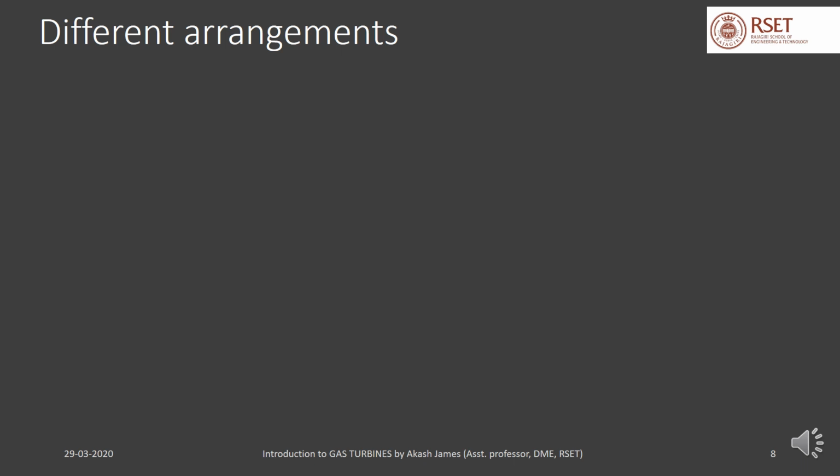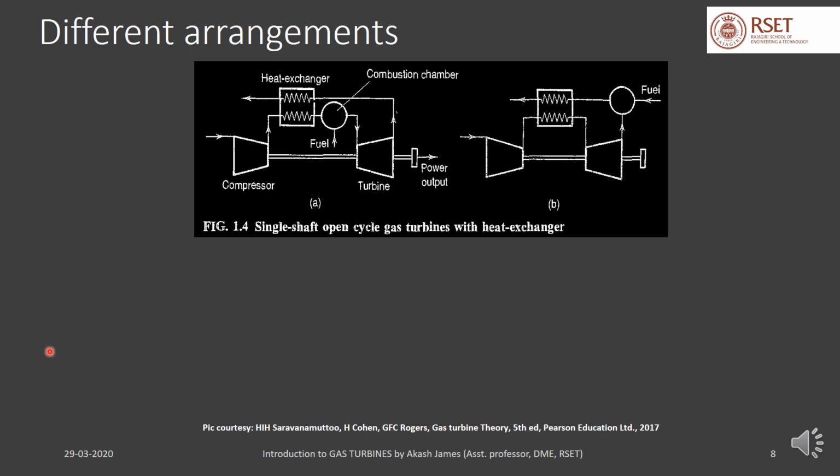Now different arrangements of increasing complexity can be employed to improve upon certain operational parameters of the gas turbine power plant. The first one we'll be seeing is employing a recuperative heat exchanger. Now when the pressure ratio employed in the gas turbine power plant is sufficiently low, the high temperature exhaust gas can be used to heat the air that is coming from the compressor.